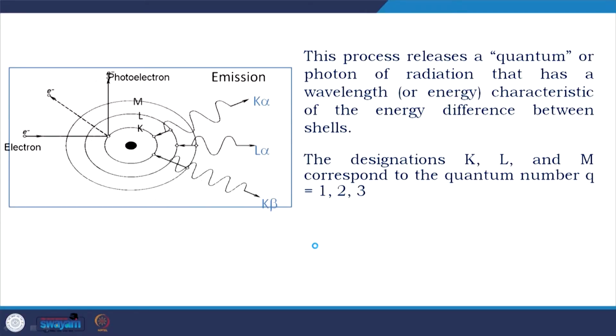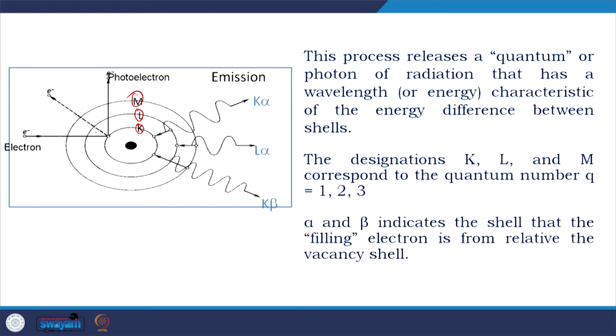The designation K, L and M correspond to the quantum number 1 to 3. Alpha and beta indicate the shell that the filling electron is from, relative to the vacancy shell. So, from here to here it is alpha, from here to here, 2 jumps, it is beta.